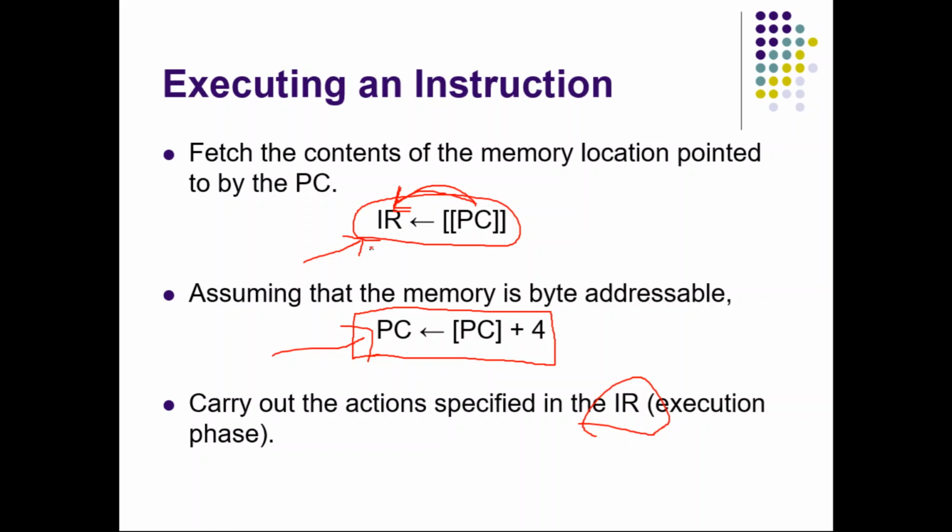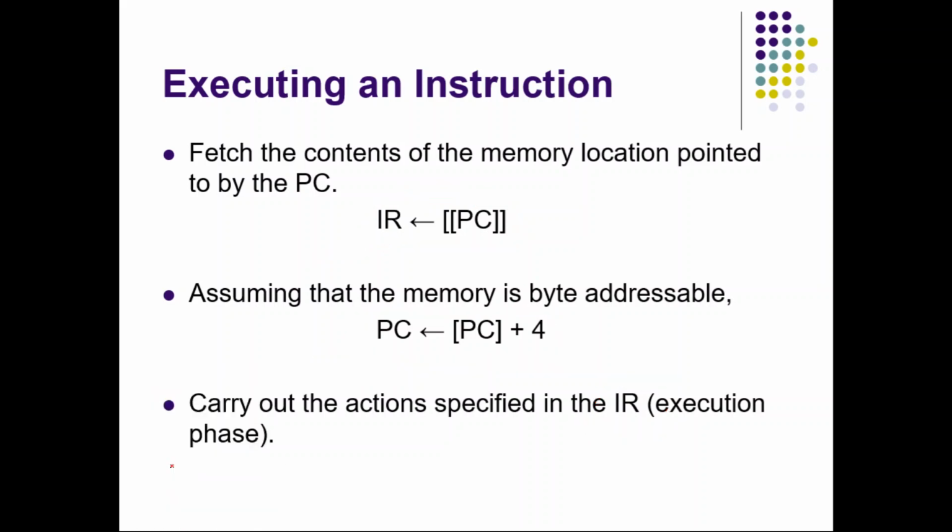Because PC should always point to the next address to be executed, it is not that after executing, PC will be incremented. No, before executing itself PC will be incremented, and then the current instruction will be executed. So that after this instruction PC will have an updated value, so that the next instruction can be loaded into the instruction register.